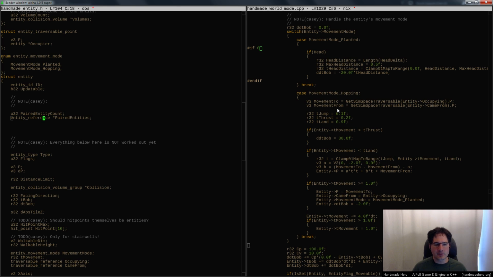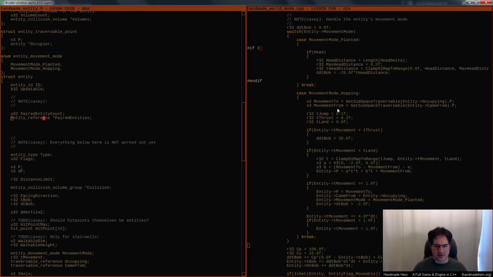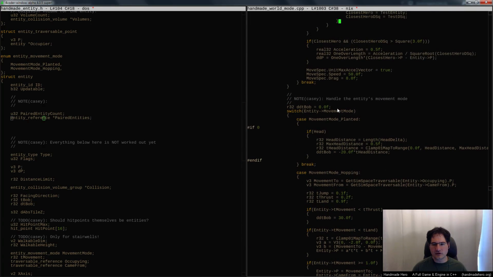So I don't want to implement anything with that yet because, like I said, I haven't thought through it enough. But I want to take that and now look and see what happens if I do, again, write the usage code first kind of a thing. What would happen if I was to say I can have multiple paired entities?